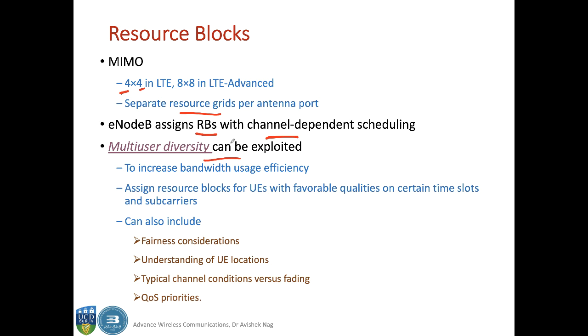And this multi-user diversity can also include fairness considerations, understanding of the UE locations, typical channel conditions versus fading, and QoS priorities. So there can be more fancy things associated with multi-user diversity, but the overall high-level concept is what I just explained. Okay.